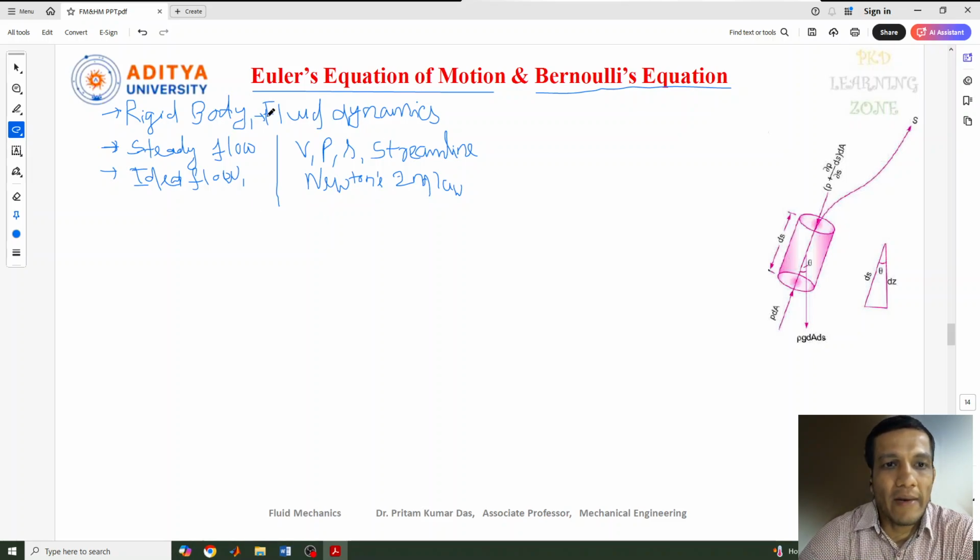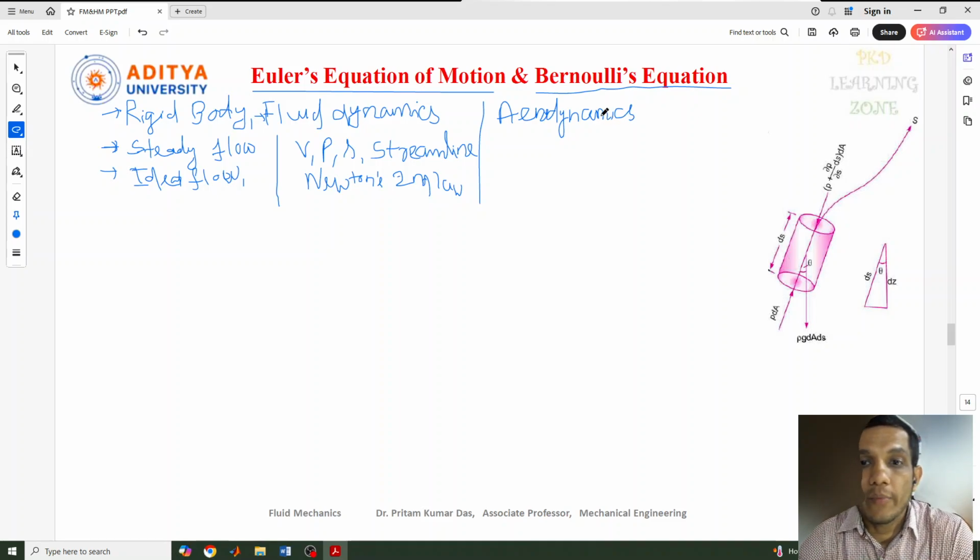Now I'll tell you the applications of Euler's equation of motion, shortly. A few applications are there. We can apply this concept in the area of aerodynamics. In aerodynamics, when we design an aircraft, we need this concept to identify the behavior of the aircraft.